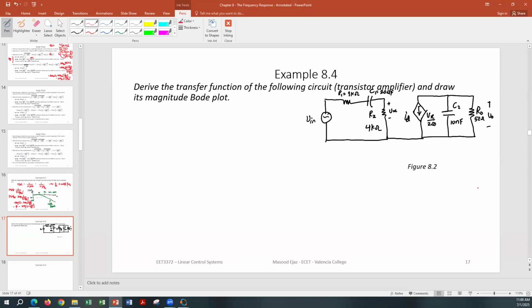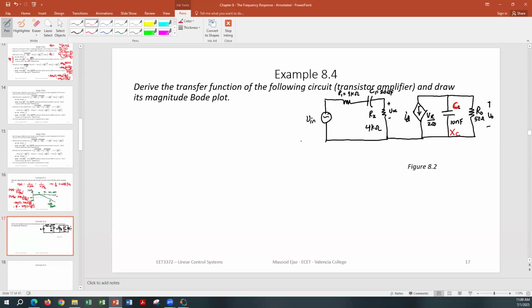All right, we're going to convert everything first of all into j omega. So R are not going to change, of course. C is going to change into X of C. Let's call this X of C. There's only one C, so instead of calling it C2, we can just call it C. That's going to be X of C, 1 over j omega C. All right.